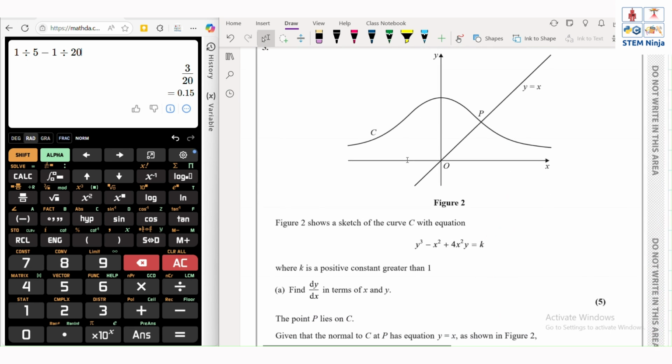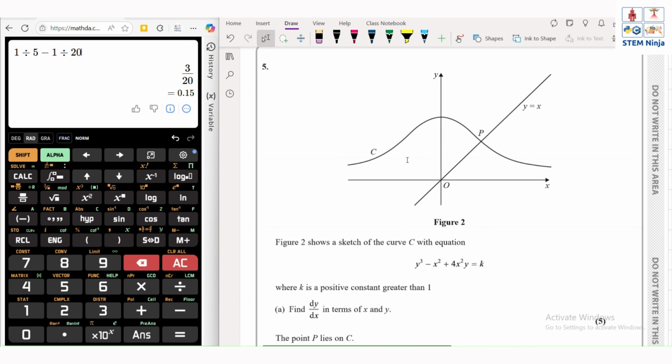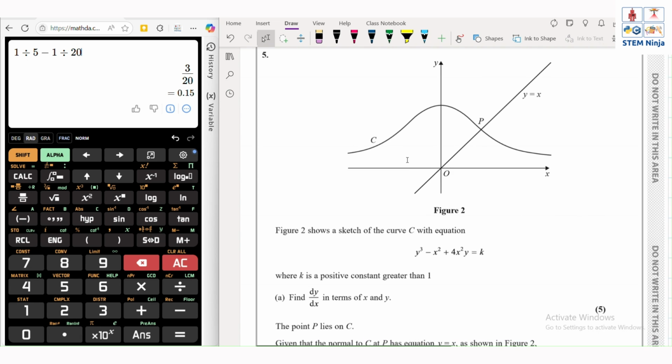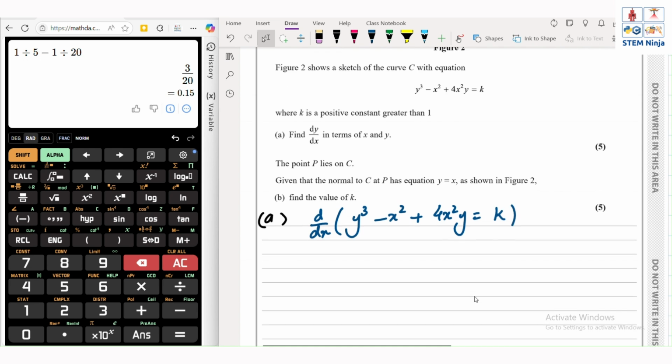Question number 5. Figure 2 shows a sketch of the curve C with equation this, where k is a positive constant greater than 1. Find dy by dx in terms of x and y. Okay, so this is implicit differentiation. So d by dx of y cubed minus x squared plus 4x squared y equals k.